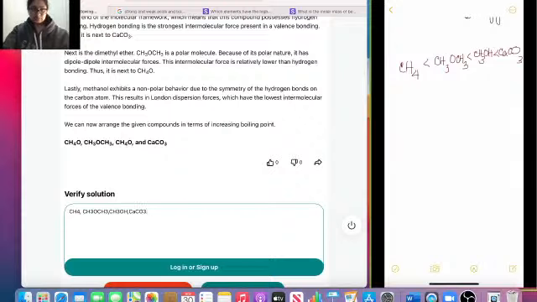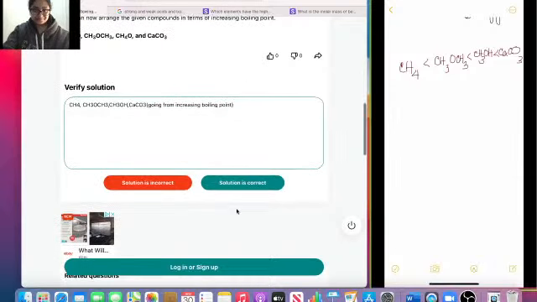Okay, so this is the answer from increasing boiling point. So I can say that this is correct.